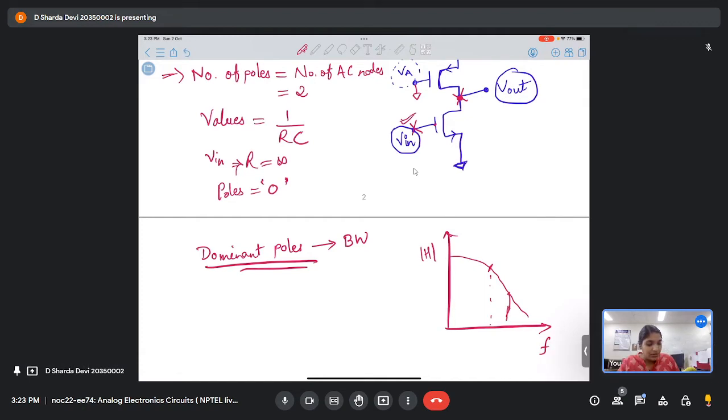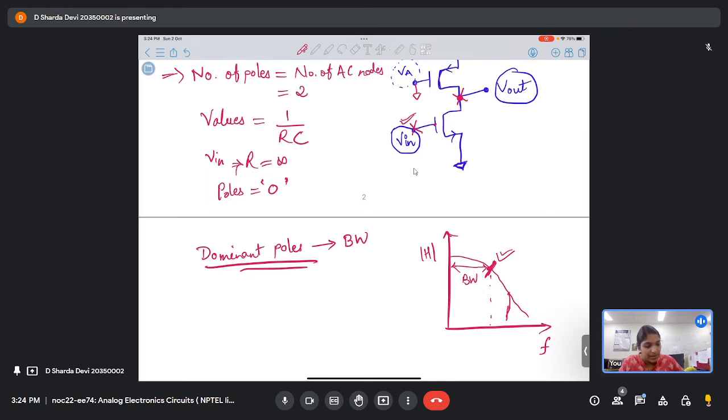After this point onwards, you'll start seeing distortion in your signal. So the basic bandwidth of your circuit will be defined by this initial pole itself, right? Beyond this, whatever poles are there are of less interest to us. This is the pole we are more interested in.